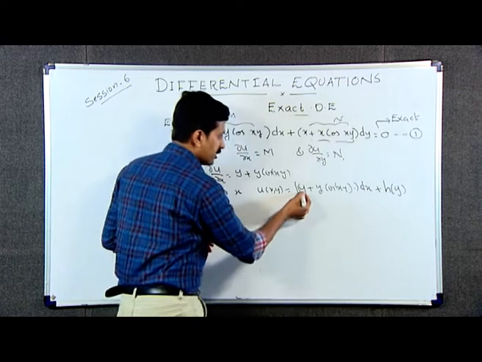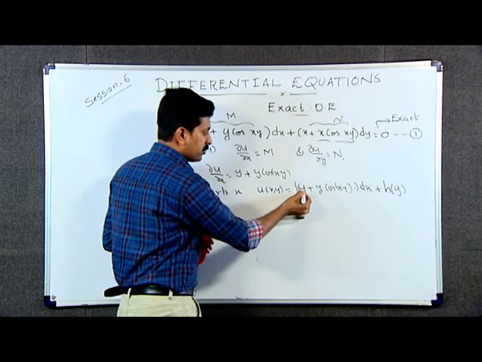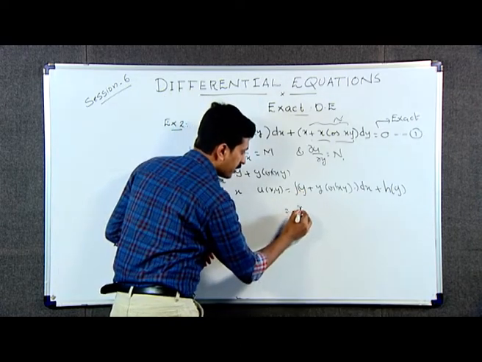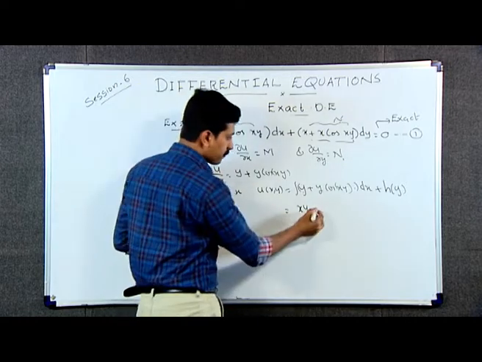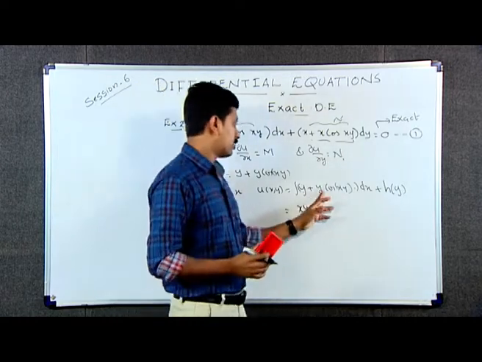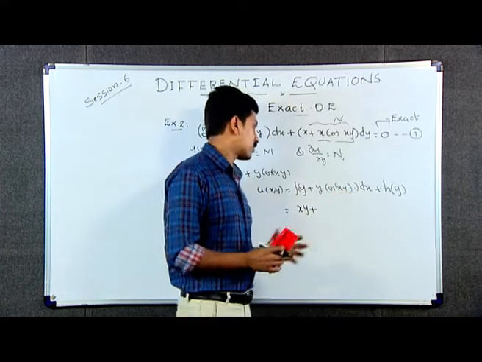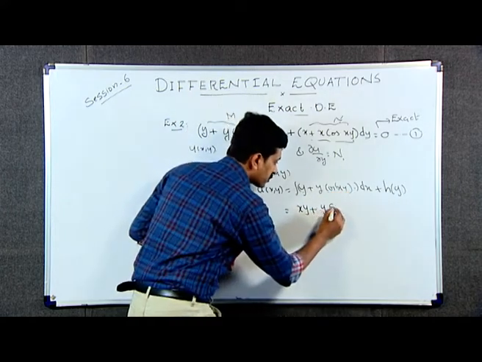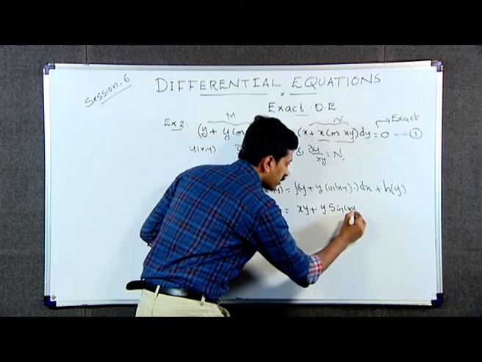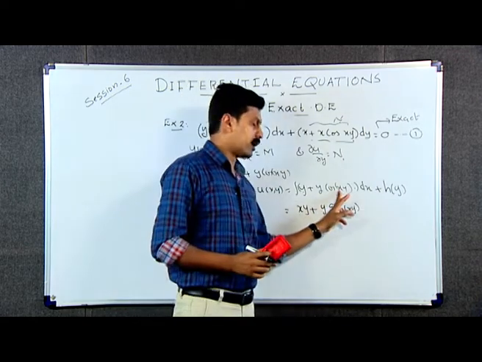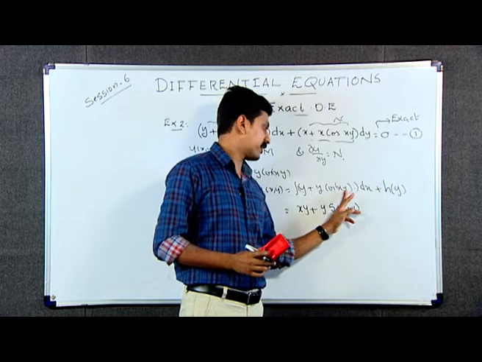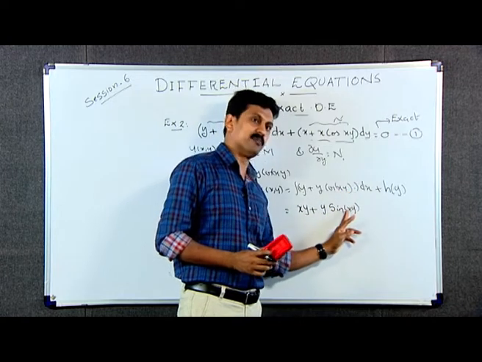This is equal to, integrating with respect to x, where y is a constant, the integral of y is xy, plus y times the integral of cos(xy). Now, the integral of cos(ax) is sin(ax) divided by a.